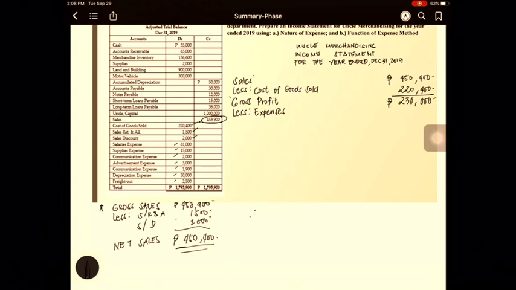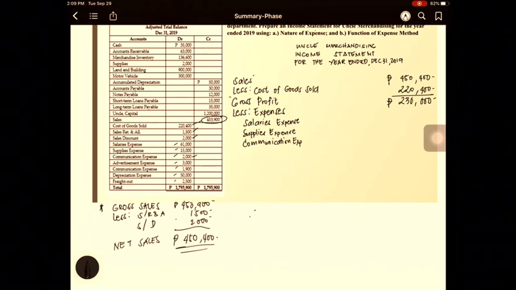We start with your salaries expense. We have your supplies expense here. We have your communication expense. As I told you a while back, there are two communication expenses here. This is just an error of typing the problem. We just have to add the two.